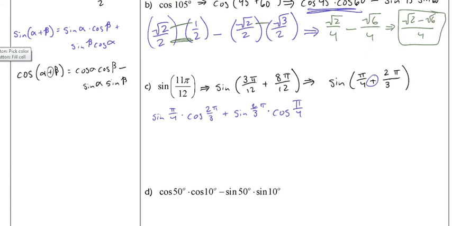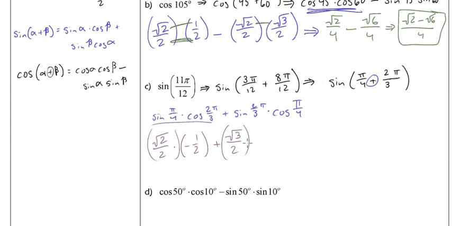Changing those into the ratios, what is sine of pi over 4? That's square root of 2 over 2 times cosine of 2/3 pi, that's negative 1/2, plus sine of 2/3 pi, that's square root of 3 over 2, times square root of 2 over 2.